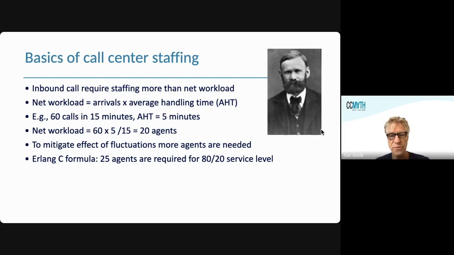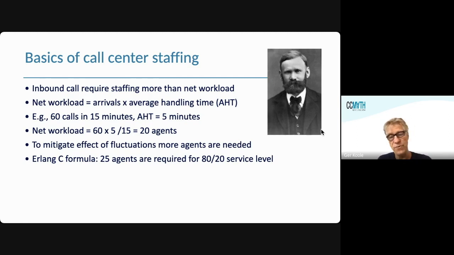So 20% of your agents is on average waiting for calls, but sometimes a couple of calls just randomly arrive at the same time, or a few calls take more service time than average. And then you might have a queue of a couple of customers.